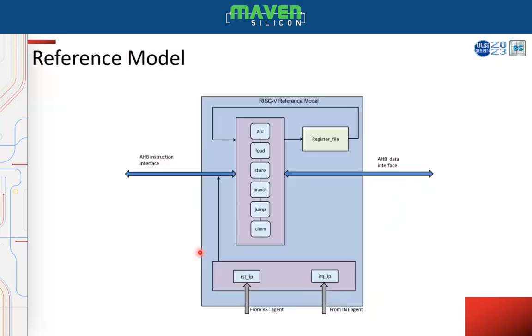The reference model gets the stimulus from all 4 agents, and depending upon the type of instruction, the respective block will be utilized within the reference model and it produces the expected output. That output will be captured by the output monitor and sent to the scoreboard.